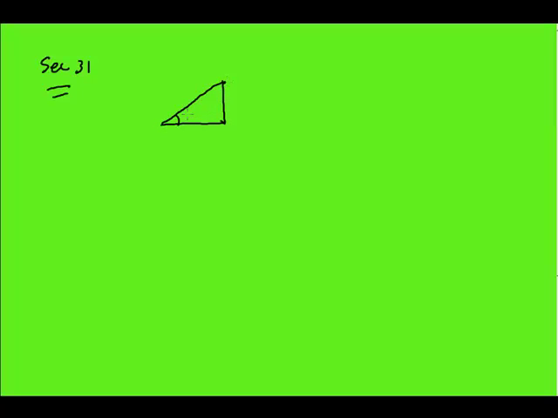Theta is an angle, and then my hypotenuse is 3, and my opposite side is 1. And they tell us this by saying sine of theta is equal to 1 over 3, and then they tell you the cosine of theta is greater than 0, and they want me to find cotangent of theta.